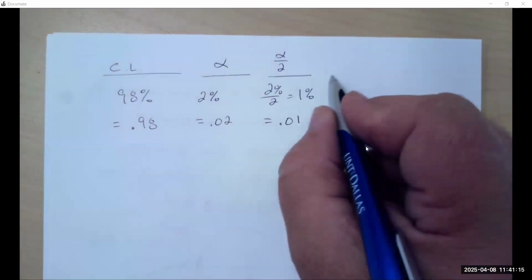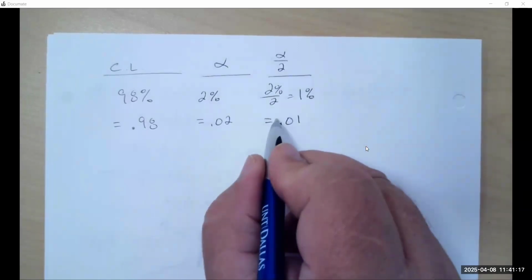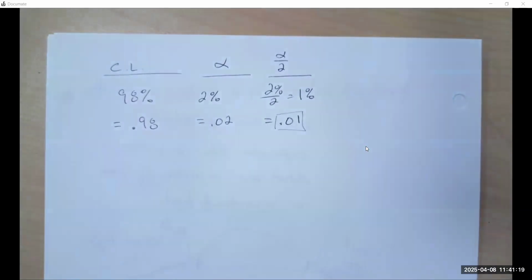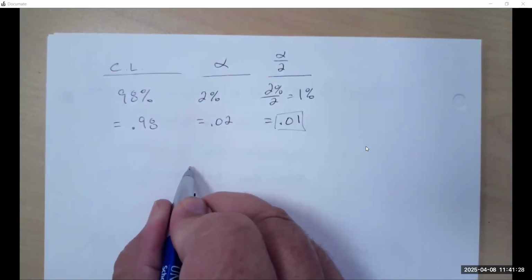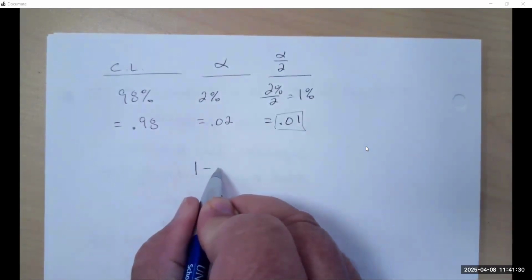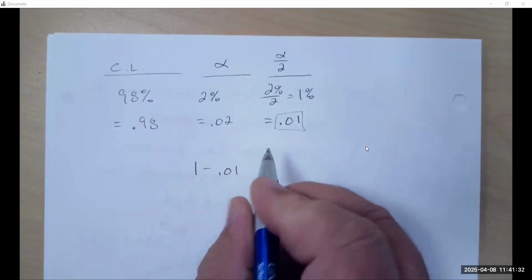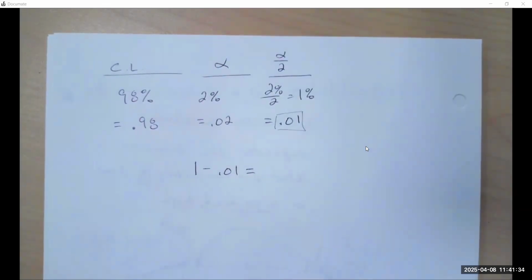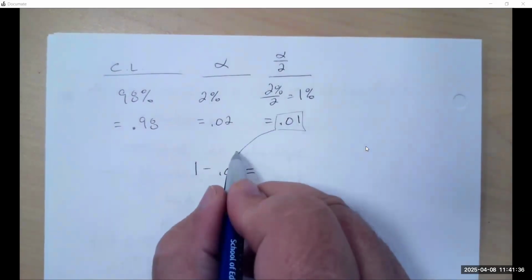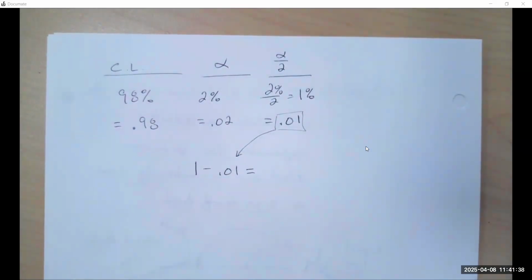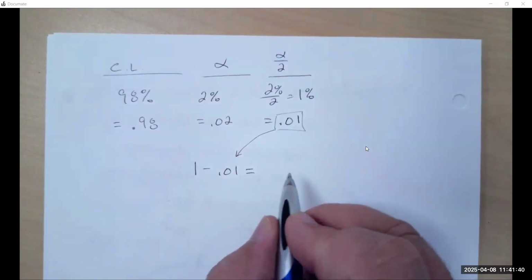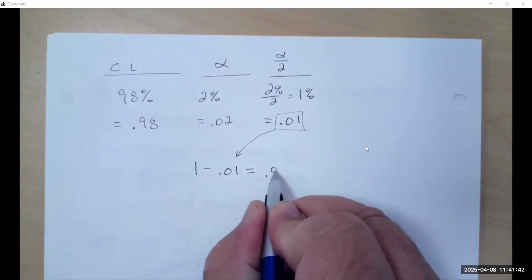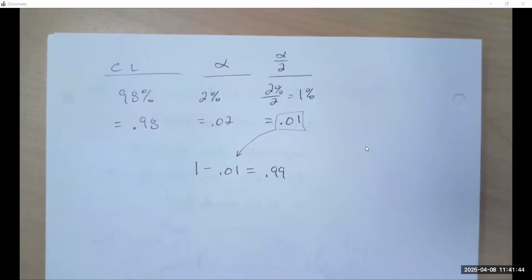And then what do I do with that? What do I do with this? We'll have to do 1 minus 0.01. So whatever this is goes there. So that's going to be 0.9900.